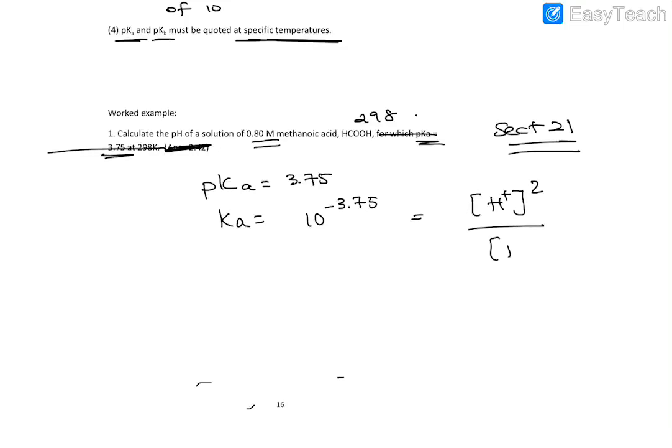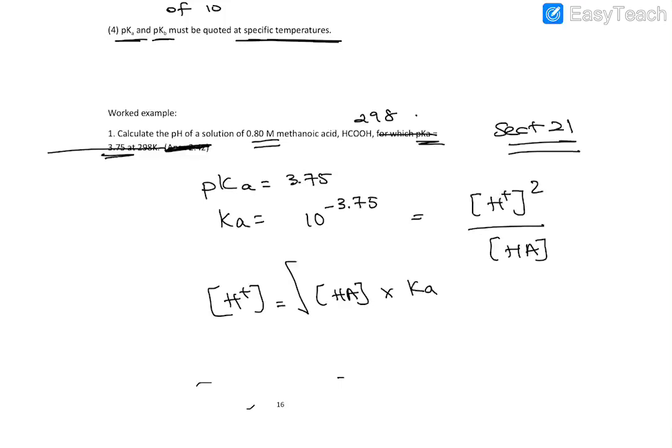So for this, pKa is 3.75, therefore we can get the Ka value from this, and you know that Ka would be given by H plus squared over HA. So from this you can find the concentration of hydrogen. So it's just the square root of Ka times the concentration of the acid.